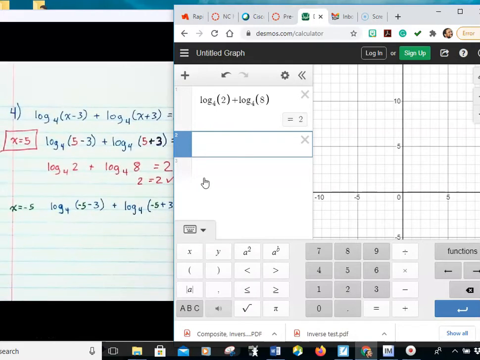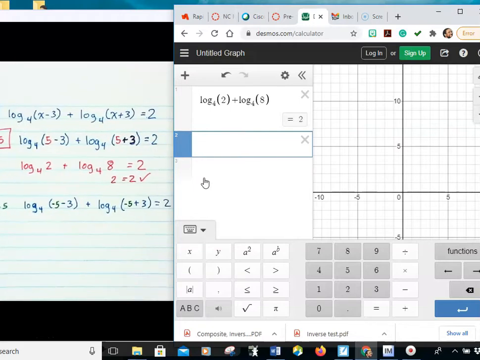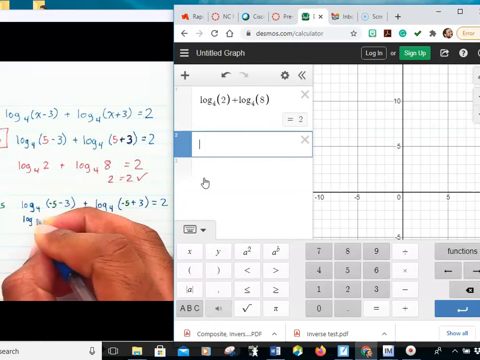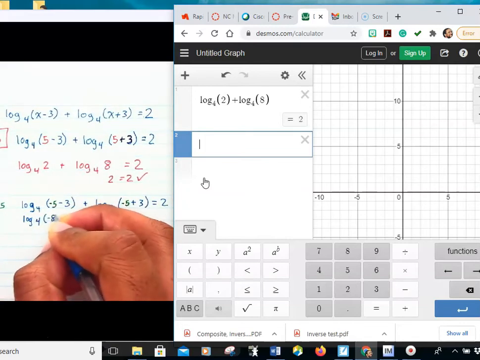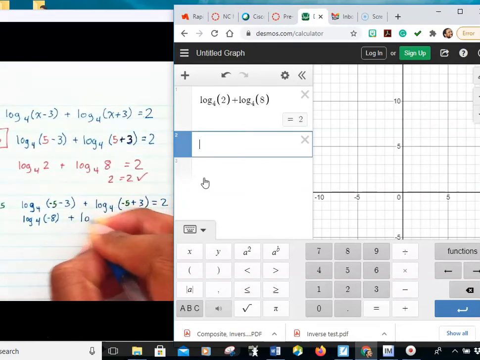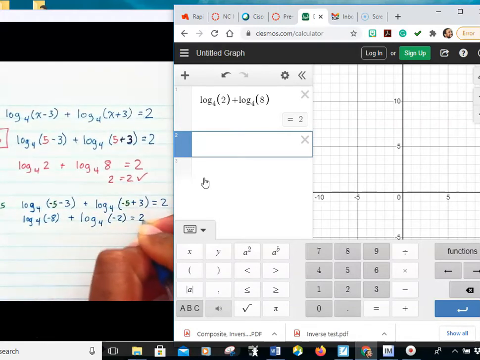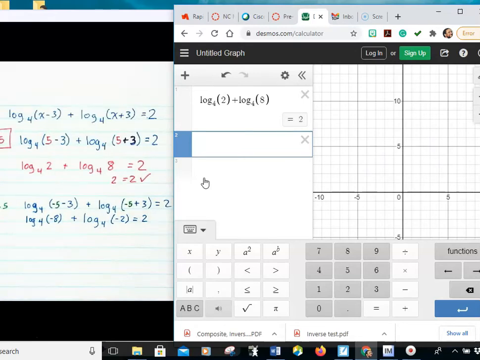And sorry, we put x equals -5 there. So we put in -5 here. We're going to simplify it down. All right, so we get those two.